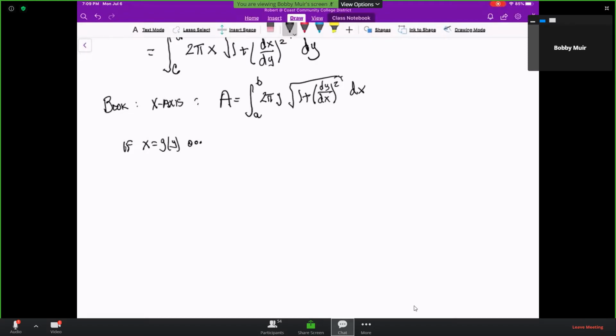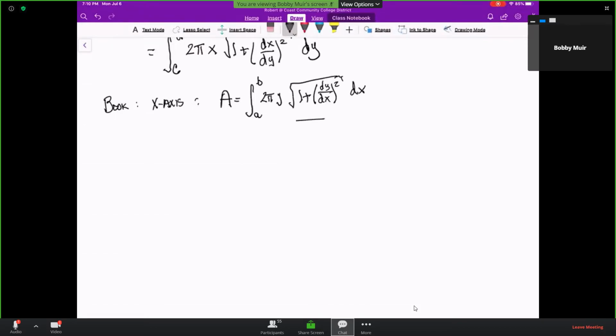So I'm back in like the 5th edition now. I know some of you use some of them that are that old. In the book, he writes down this equation, like this one right here.